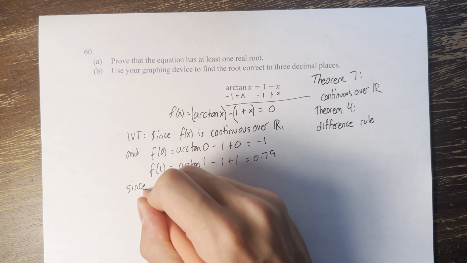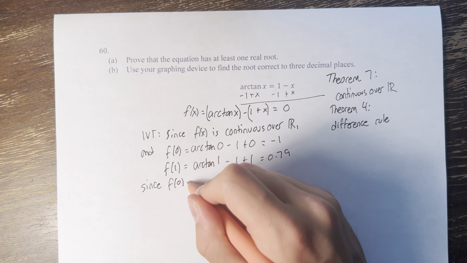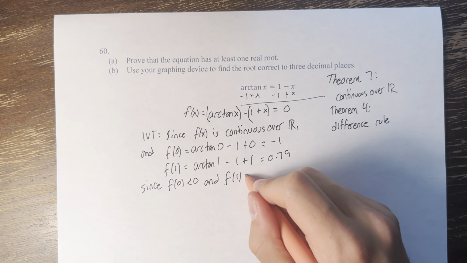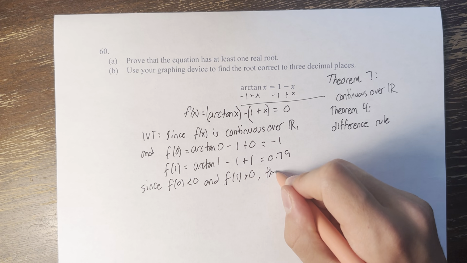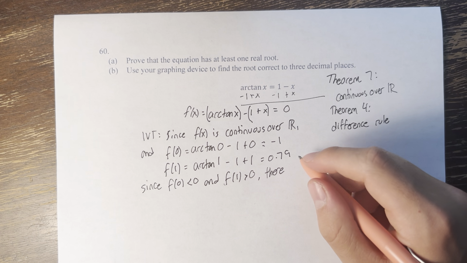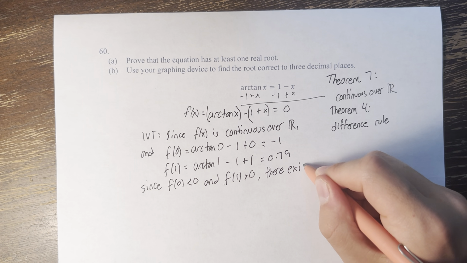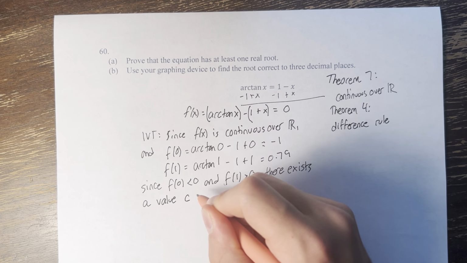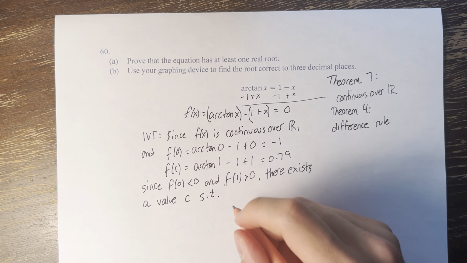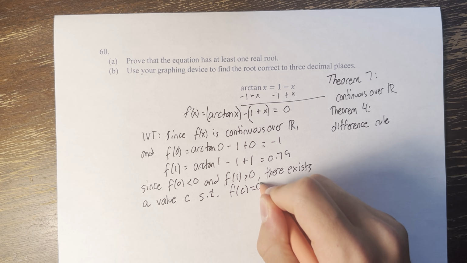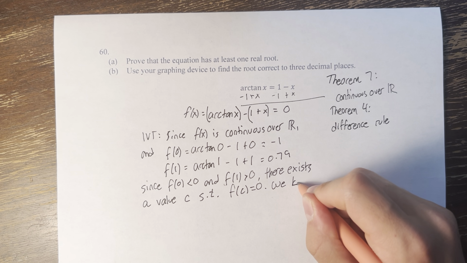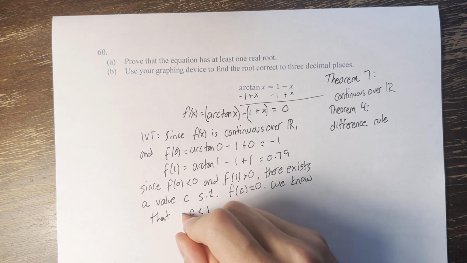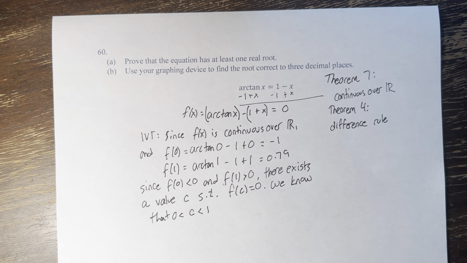Since f of 0 is less than 0, and f of 1 is greater than 0, for this continuous function, there exists a value c such that f of c equals 0. And we know that c is between 0 and 1. How do we know this?